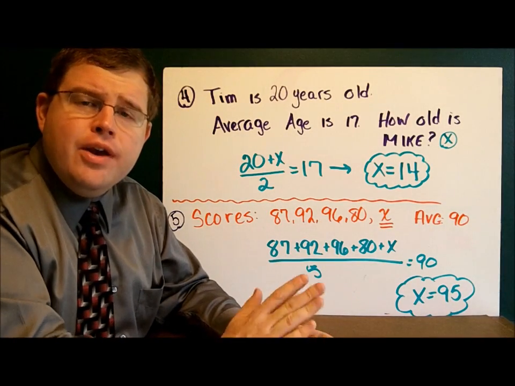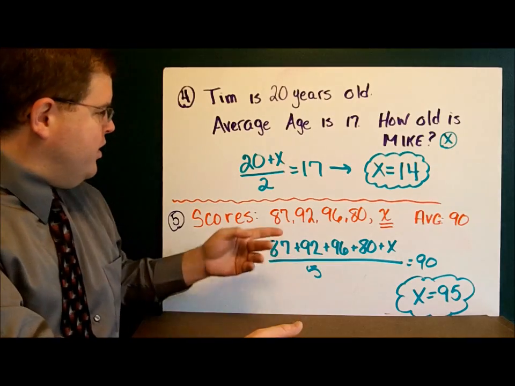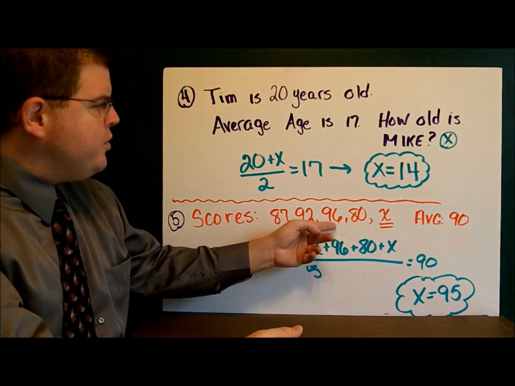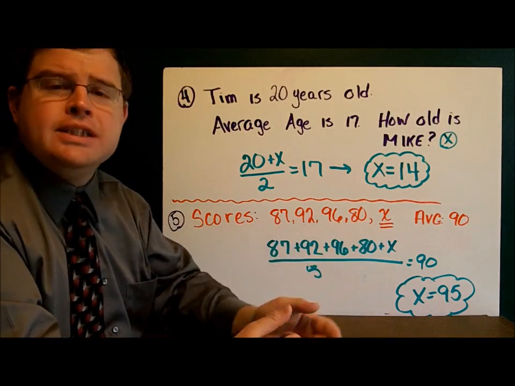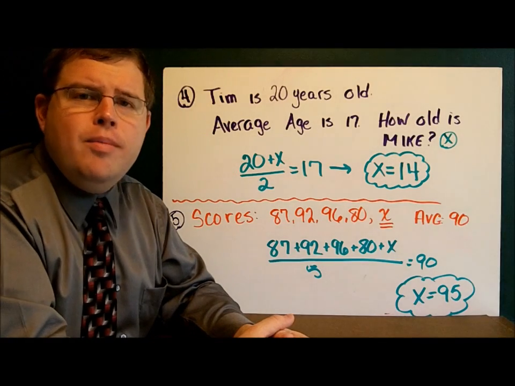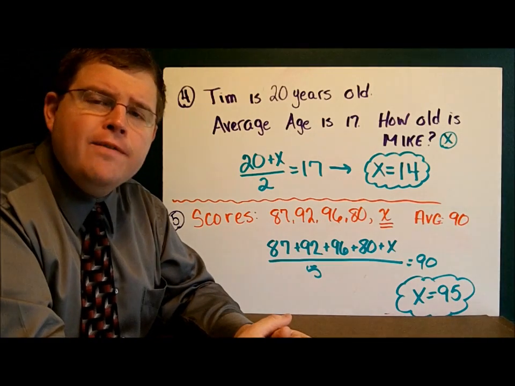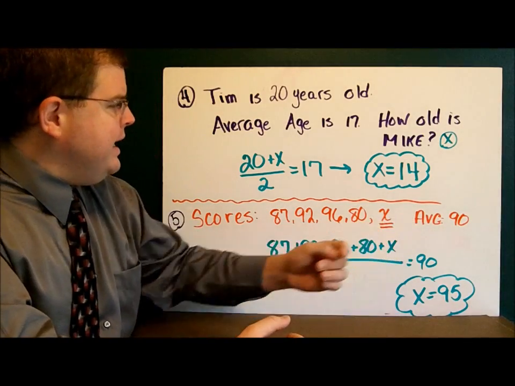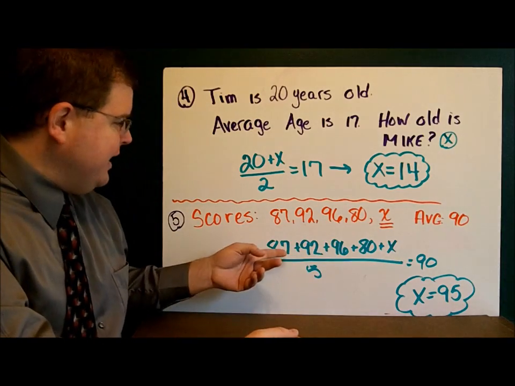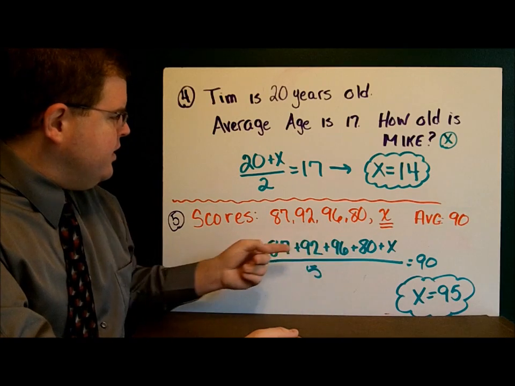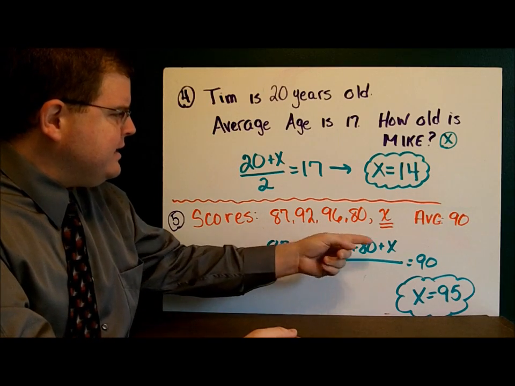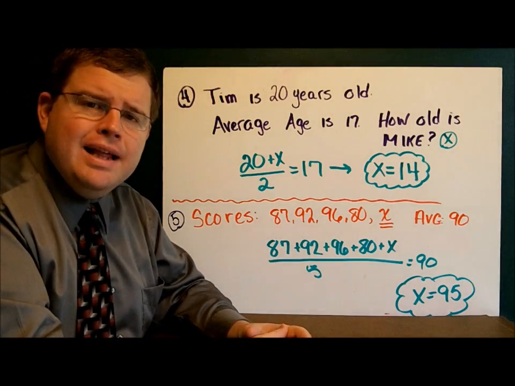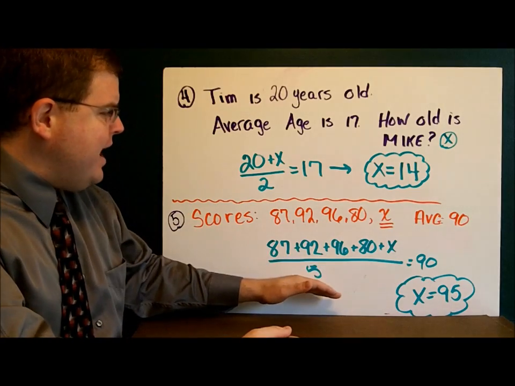Well, we can figure that out using algebra. We have 1, 2, 3, 4, 5 scores. The 5th score we don't know about yet. That's X. That's what we want to figure out, and we want their average to be 90. So for the average, I take the 5 scores, 87, 92, 96, 80, and X, add them up, and divide by 5.